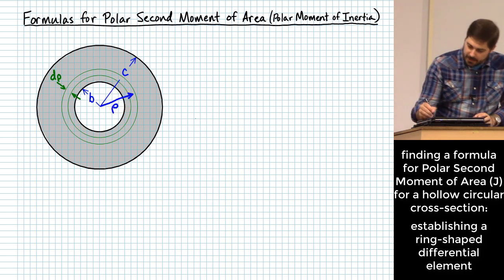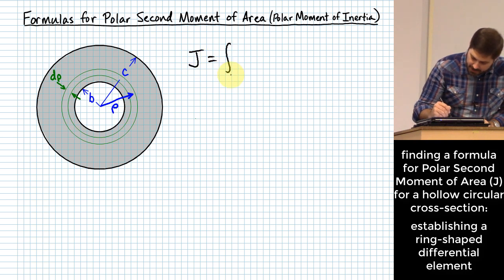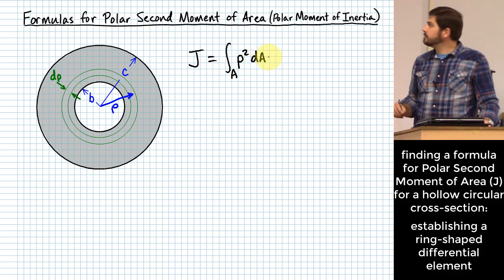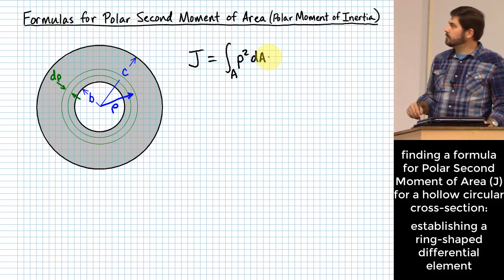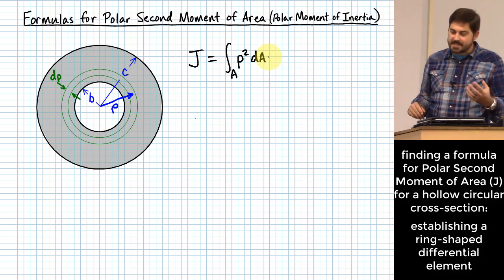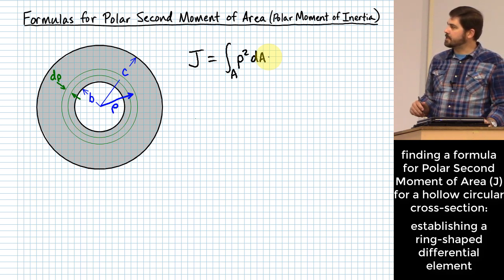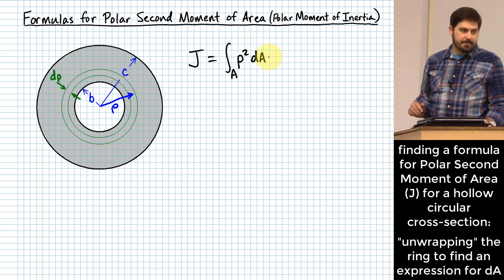Keep in mind that what we're trying to find here is J, where J is the integral over the area of rho squared dA. So really the main thing I've got to do is figure out what dA is, relative to the size and shape of that donut.